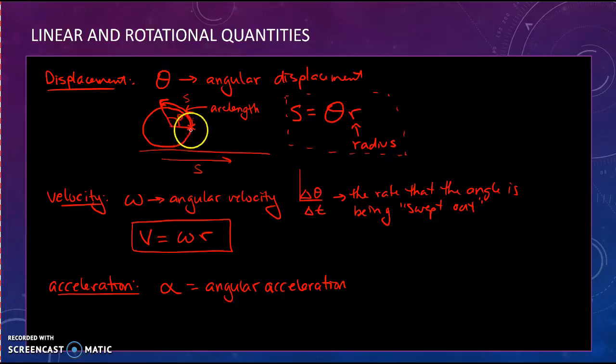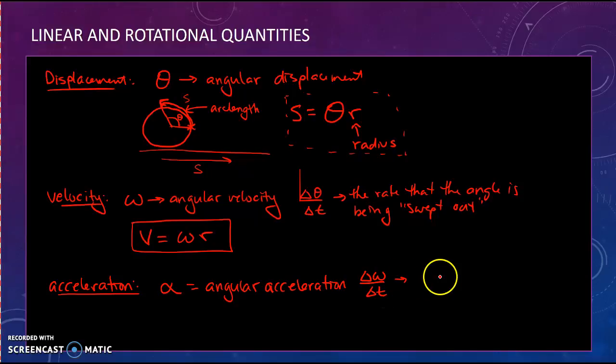So you can imagine that if this wheel doesn't turn at a constant rate, maybe it starts from rest and then it speeds up, or it's going and then it slows down. If the angular velocity changes, then we have an angular acceleration. Mathematically, it's the change in angular velocity over the change in time.